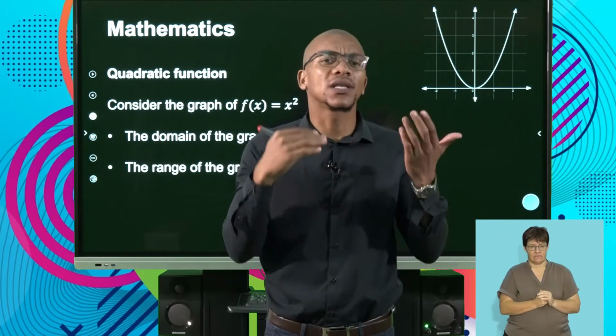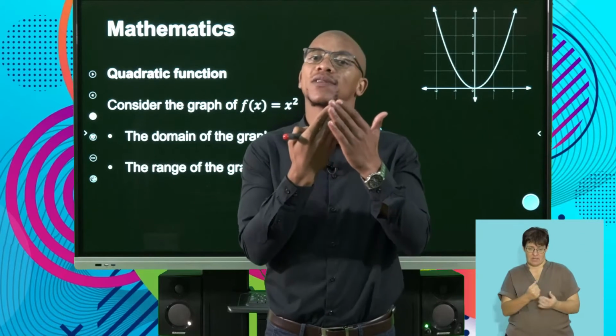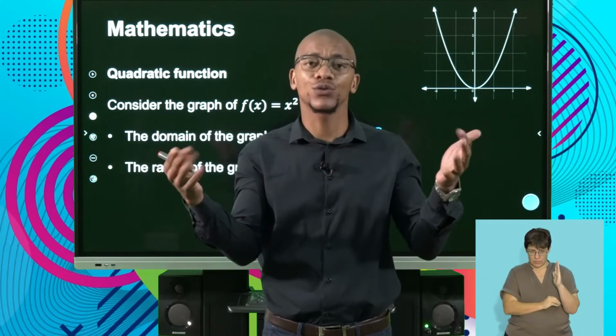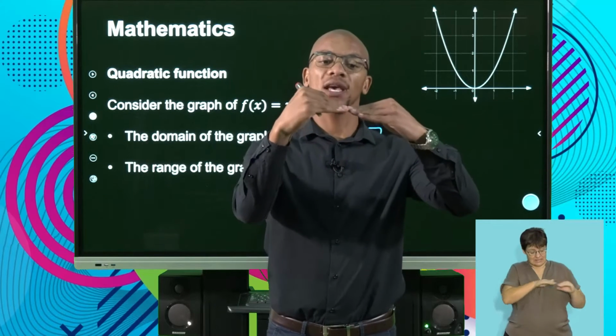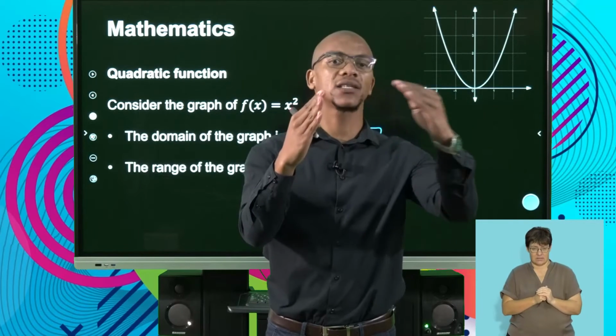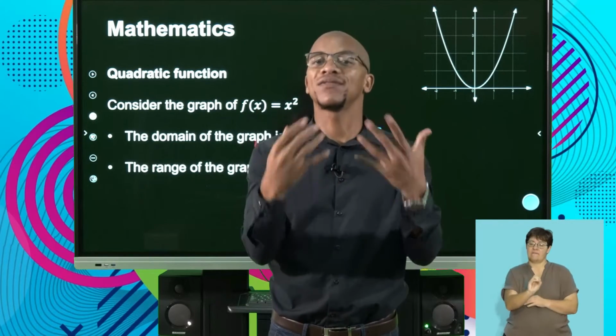So that's why the domain will be x is an element of real numbers. Remember, domain is a set of all the input values where the graph is defined. So it means on the number line of the x-axis, whether you go to positive infinity or negative infinity, all the numbers are defined. They are all valid.